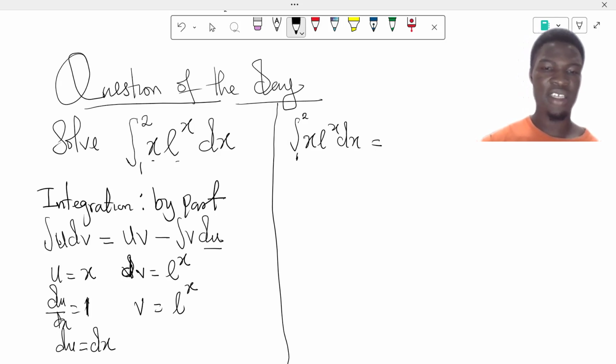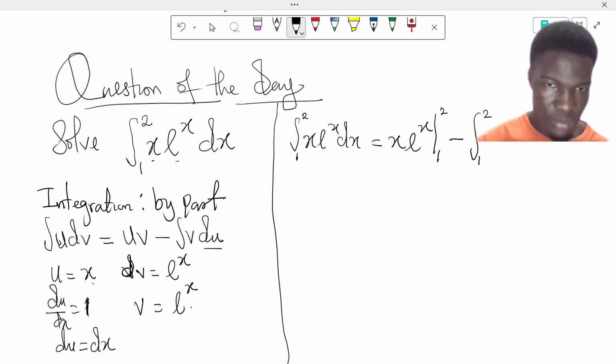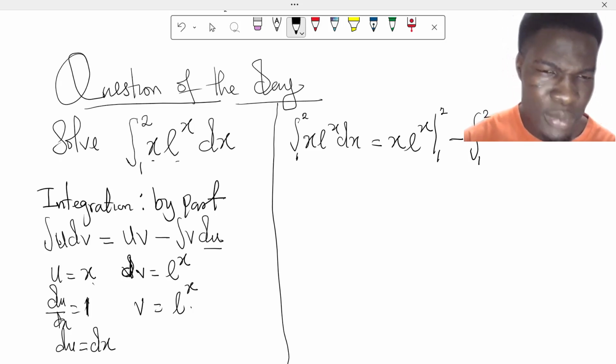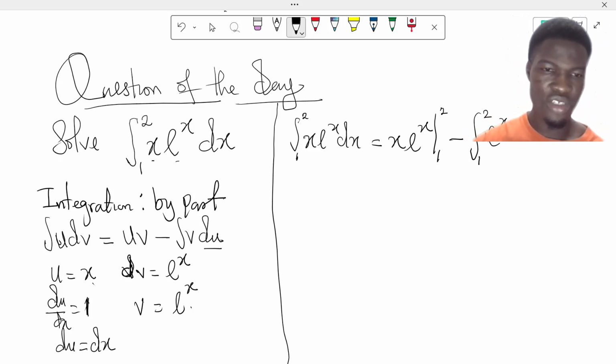Your u is x, and your v is exponential x, on the limits 1 to 2, minus the integral from 1 to 2 of v du. Your du is dx and your v is exponential x.